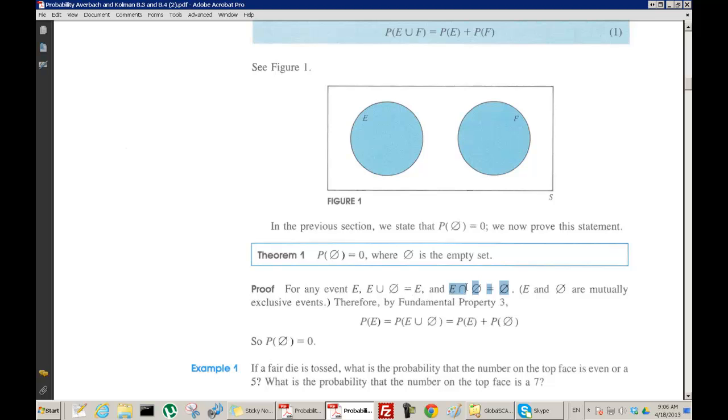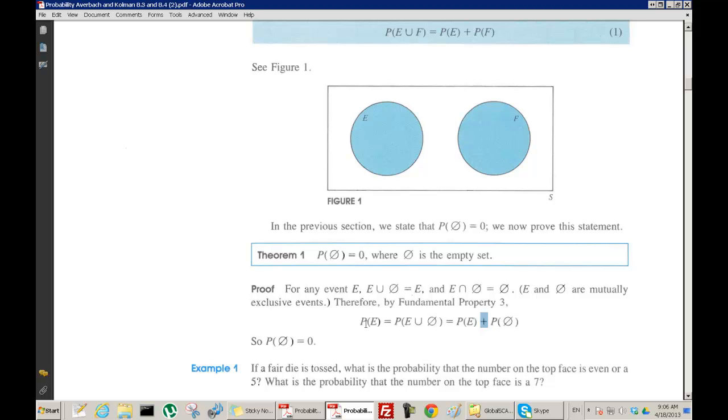We say they're disjoint or mutually exclusive. So these two events are mutually exclusive, therefore, if I wanted to write the probability of this union here, what can I do? Since these two are mutually exclusive, I can change union to plus, and that's what they did.